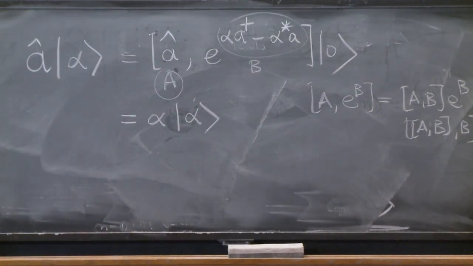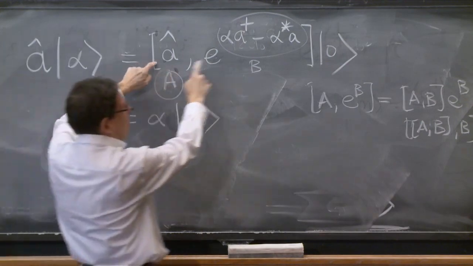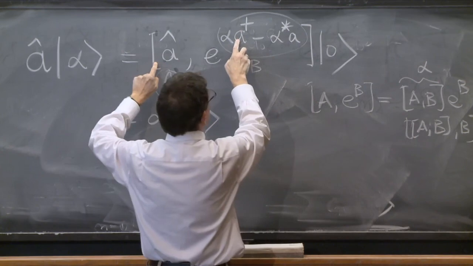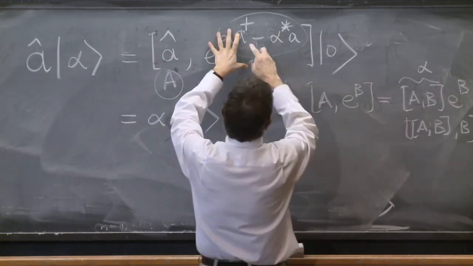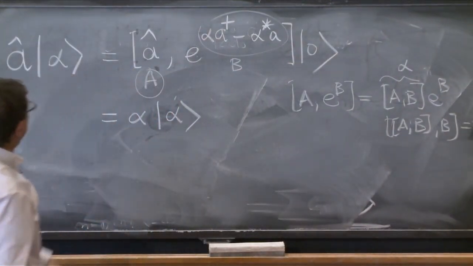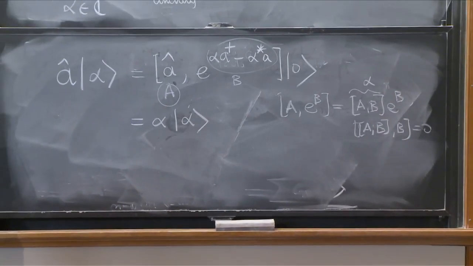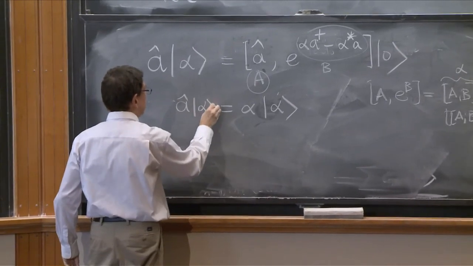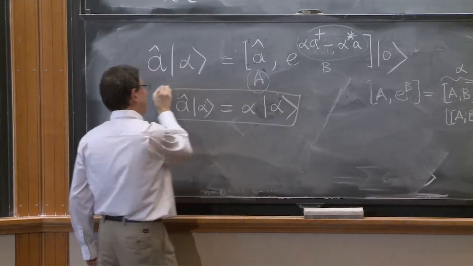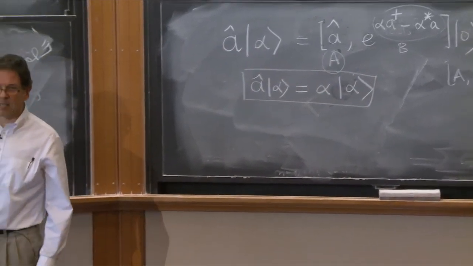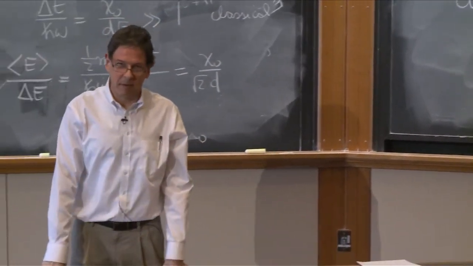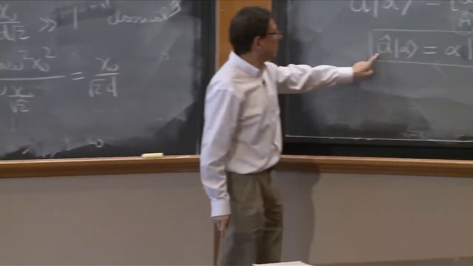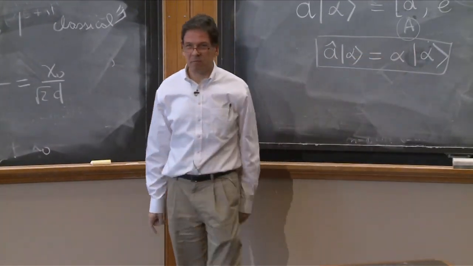But the same exponential means the state alpha. A little quick, isn't it? Okay, the commutator of A with B, this factor was alpha. And e to the B on the vacuum is the state alpha. So there you go. You have achieved the impossible. You've diagonalized a non-Hermitian operator. This is not Hermitian, and you found its eigenvalues.